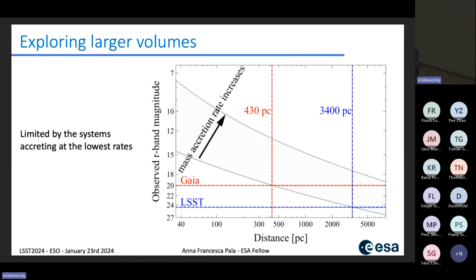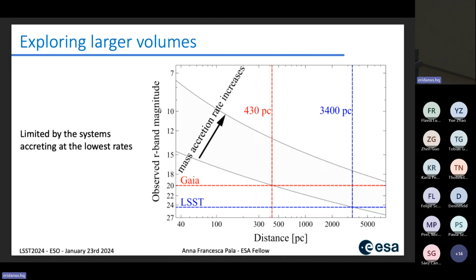And the big impact of this number is that with LSST, we will be able to probe much larger volumes than are accessible at the moment. So here you have the observed magnitude as a function of the distance. And in this band, which should appear gray, but it doesn't matter, here you have how the accreting white dwarfs will look with distance. So your lower limit is set by the system accreting at the lowest rate, because the accretion rate sets how bright your system is.